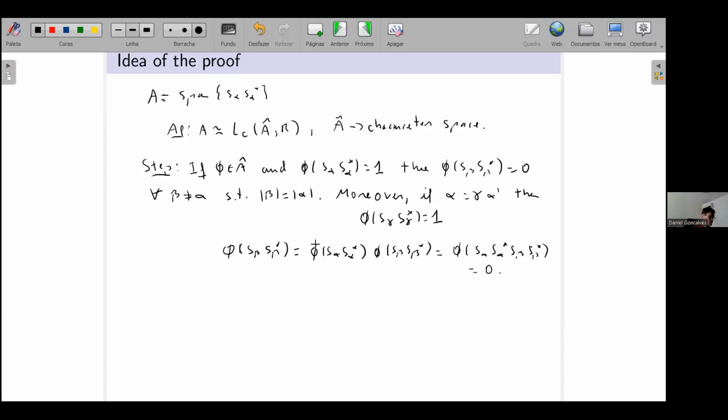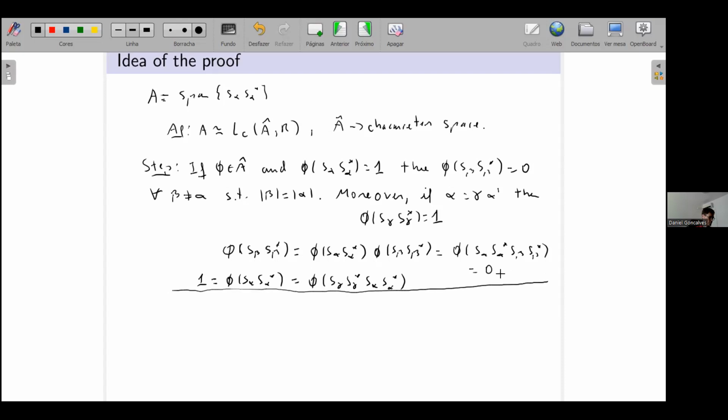In a similar way, you get the initial segment statement: if 1 is equal to phi of S_alpha star, you can write this as phi of S_gamma star S_alpha star. You open it up using the homomorphism, so this has to be 1, and so this one has to be 1 too. So that was the claim.